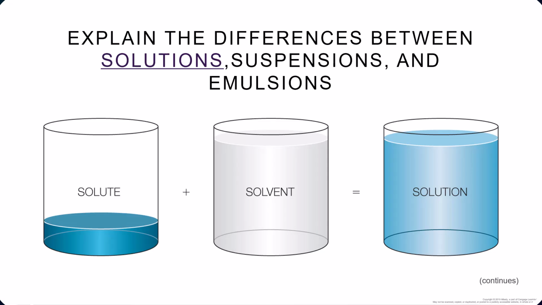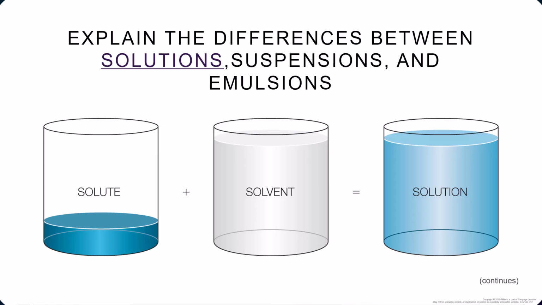Solutions, suspensions, and emulsions are all physical mixtures. A solution is a stable, uniform mixture of two or more substances in a solvent. A solute is a dissolved substance in the solution, and the solvent is the substance, which is usually a liquid, that dissolves the other substance to form a solution with no change to the chemical composition, and water is the most universal solvent.